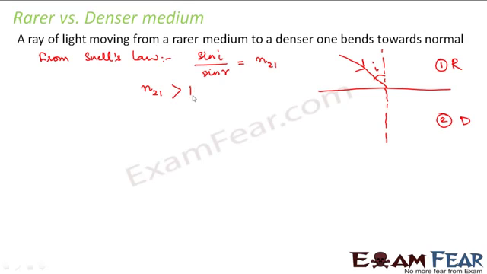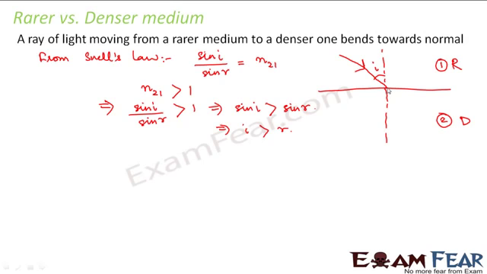Now if n21 is greater than 1, then sin i by sin r, which is equal to n21, is also greater than 1. That means sin i is greater than sin r. So from this we can say that i is greater than r. So this angle of incidence will be greater than the angle of refraction, that means this angle should be smaller.